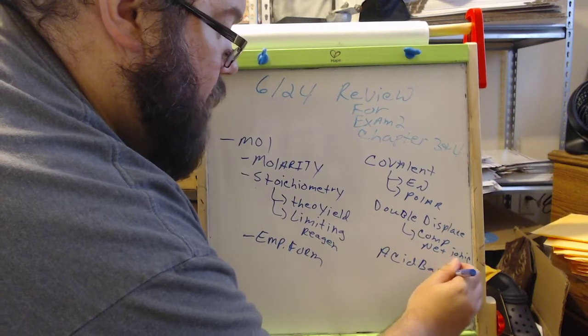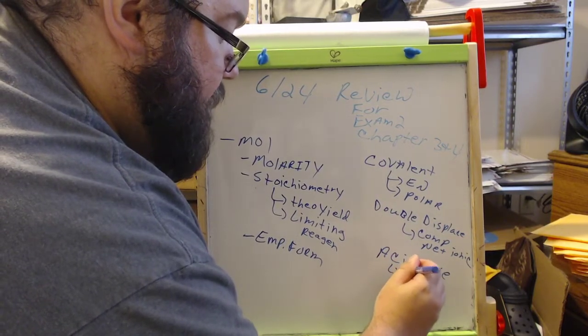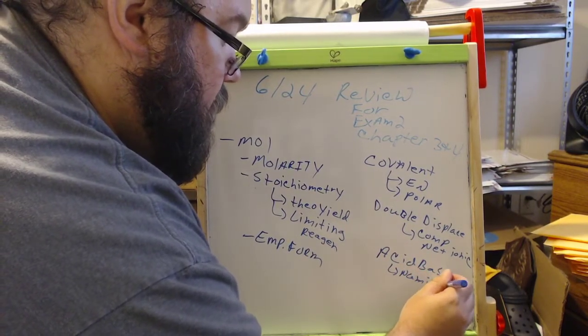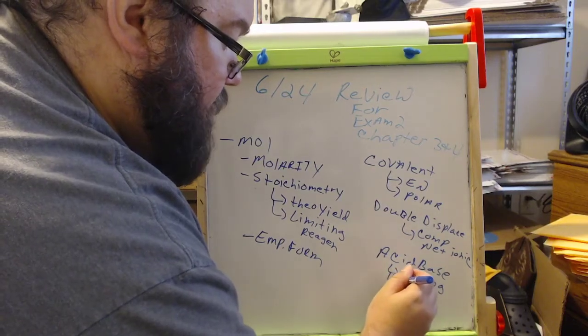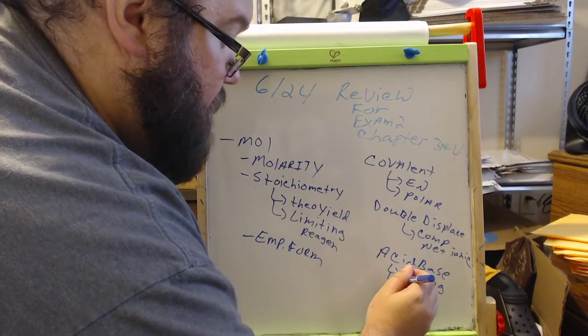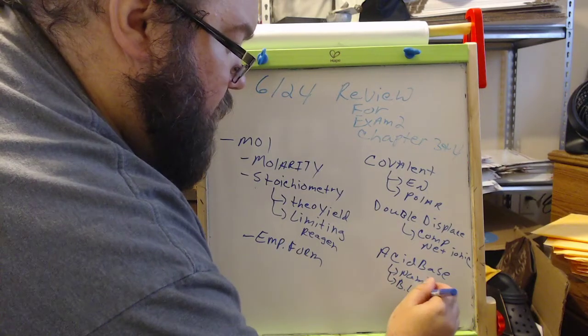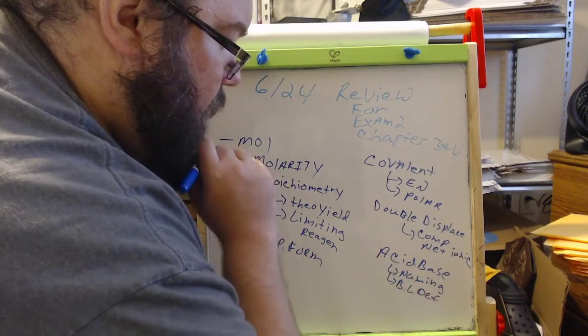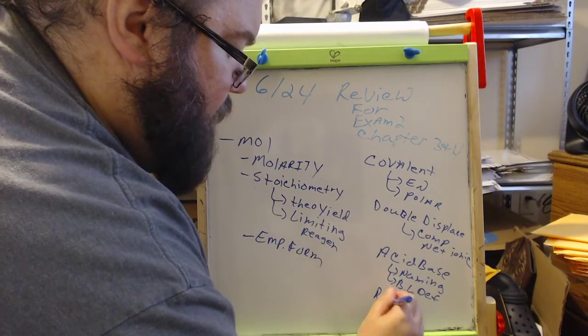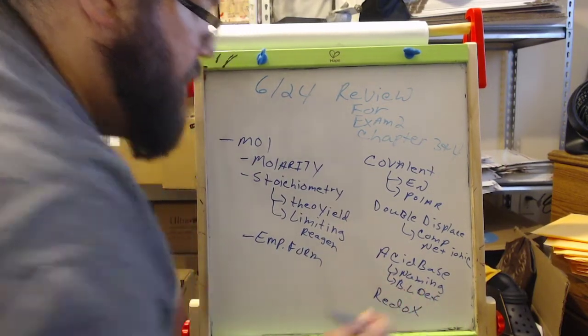All right, so naming acids, conjugates, so Bronsted-Lowry definition. All right, and then we have the redox stuff as the final reaction.